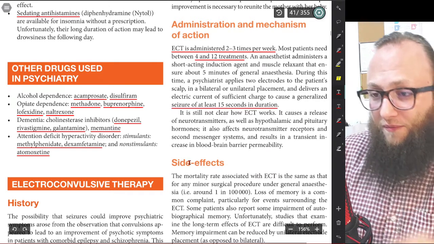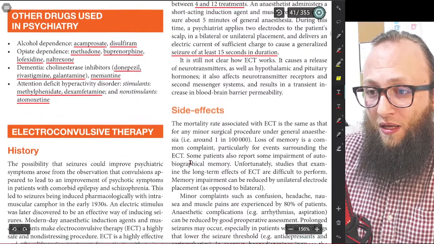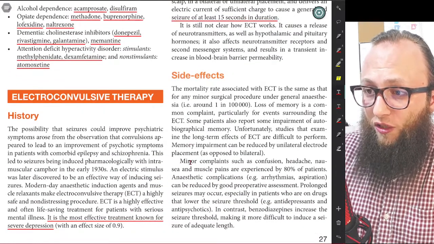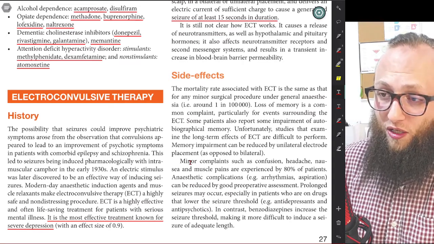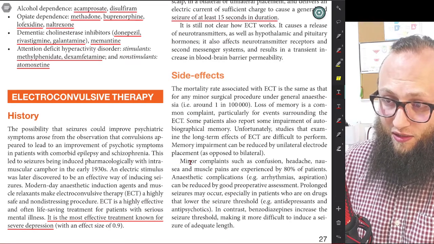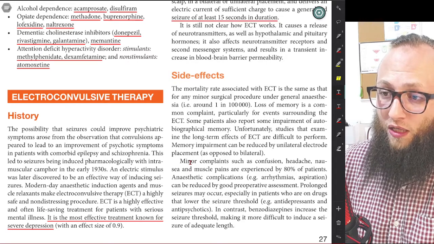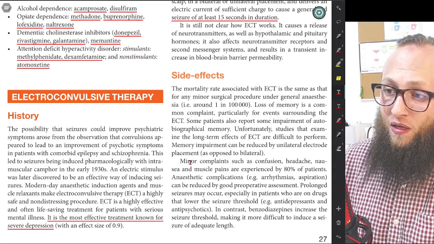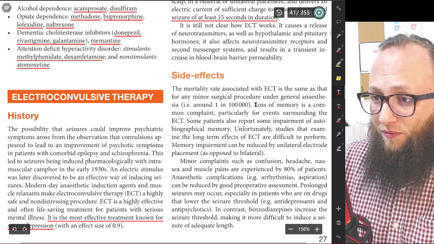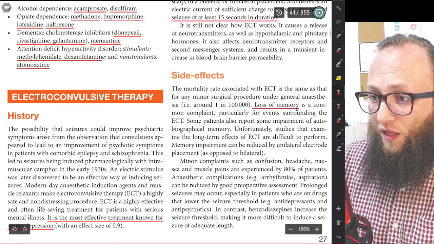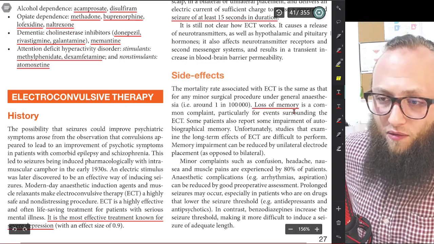Side effects. The mortality rate associated with ECT is the same as that for any minor surgical procedure under general anesthesia, around 1 in 100,000. Loss of memory is a common complaint, particularly for events surrounding the ECT.